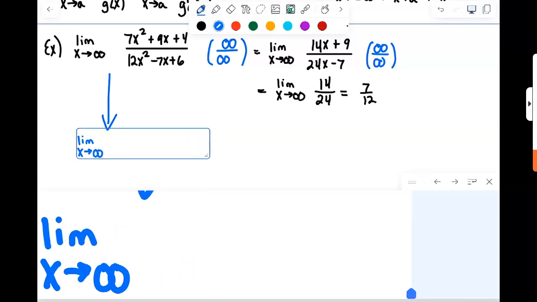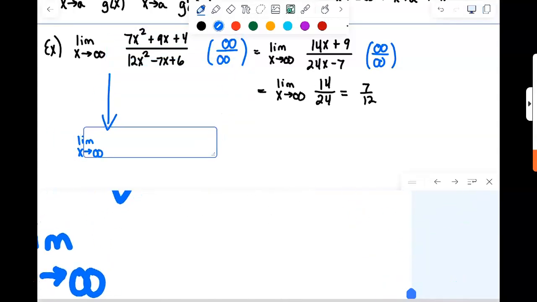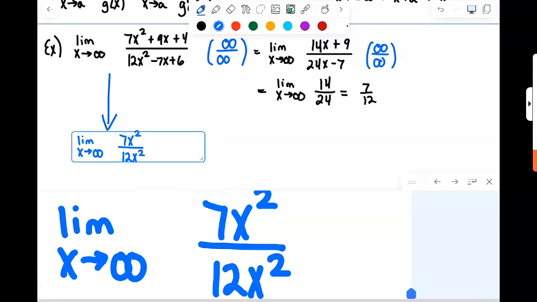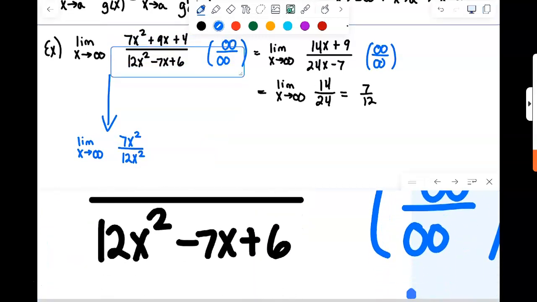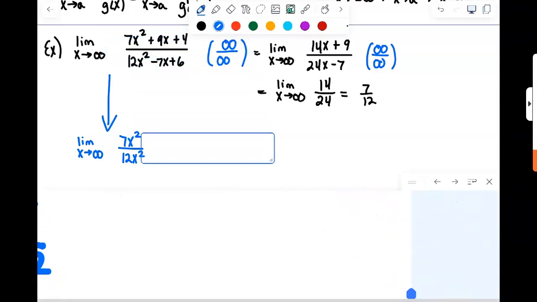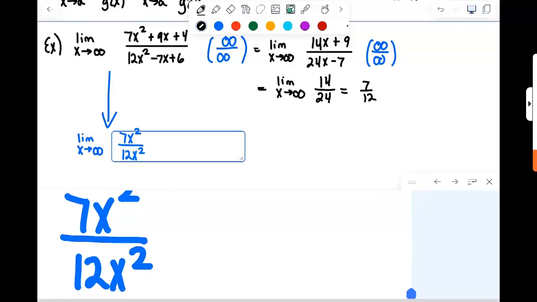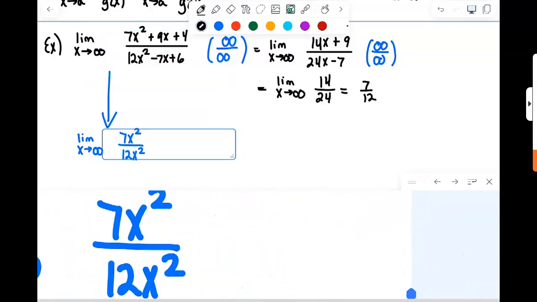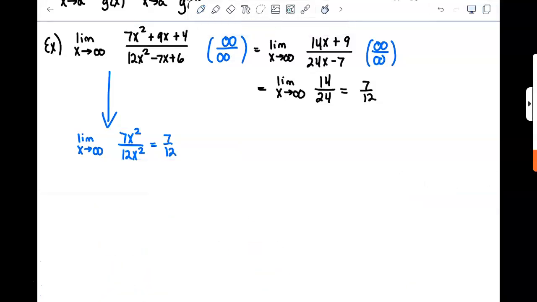So I say this limit is the same as what's happening with 7x squared over 12x squared. Just looking only at the leading powers, because those are the only things that matter. They're going to dominate what's happening, the x squared part. And so therefore I can rewrite this problem, and the x squareds would cancel out. And we would just get 7 over 12. So that's a quick little thing we can do.